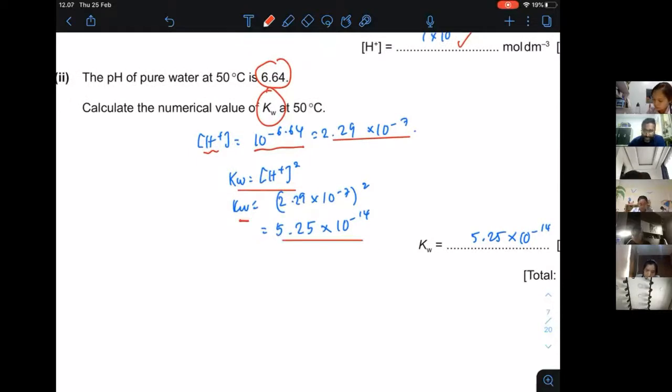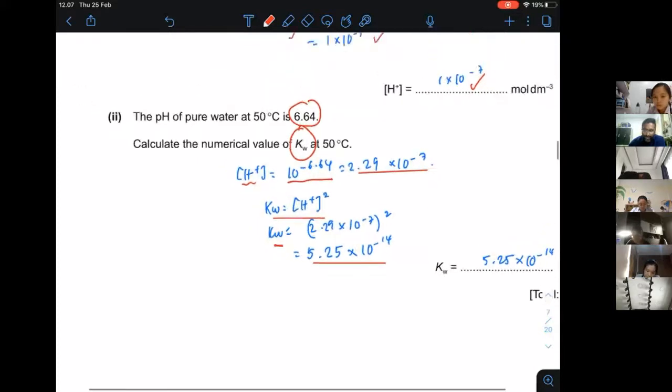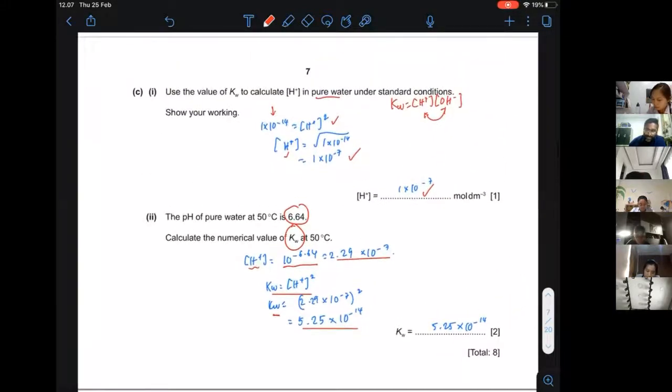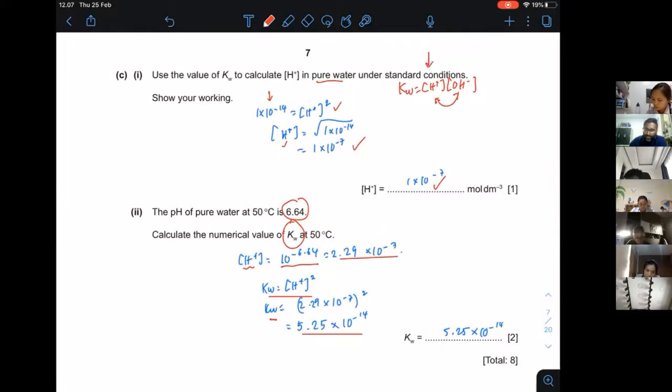Now, do remember Kw at the standard condition is always 1 times 10 negative 14. But when you increase the temperature to 50, you can see the Kw is now more than what you have at the standard condition.